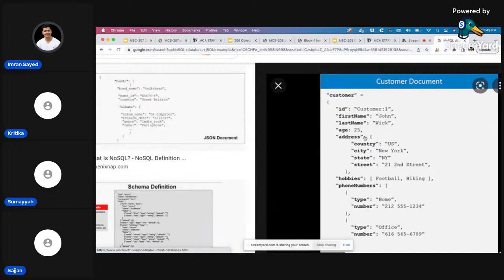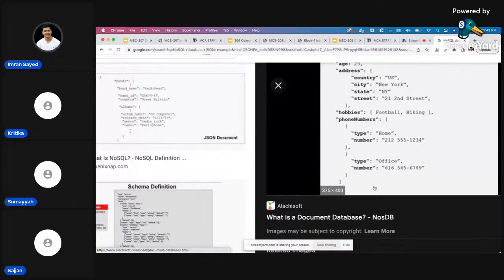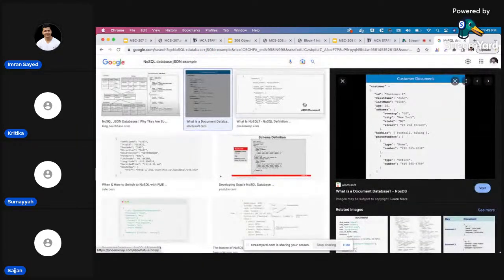Then in the address, you may probably create another table for address and everything, but here it's all in a parent-child relationship. There could be another one, city, and another key value pair object, and keep going deeper and deeper. This can be in the form of an array. You have phone numbers, type, number. Just so simple. Basically, that's your NoSQL.